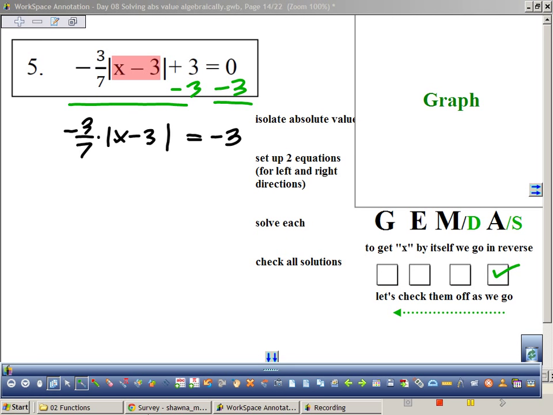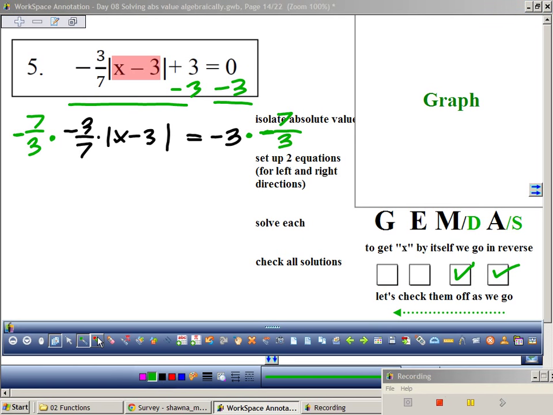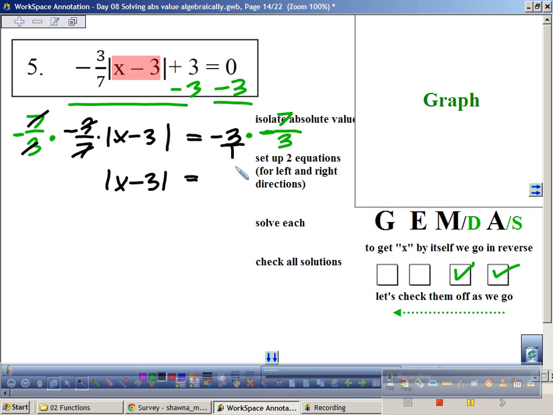Next, I need to get rid of any multiplication or division, so I'm going to multiply by negative 7/3 on both sides. These cancel each other off, and I'm left with x minus 3 equals the 3 and the 3 go away. The negatives cancel each other because a negative times a negative is a positive, and I have 7.